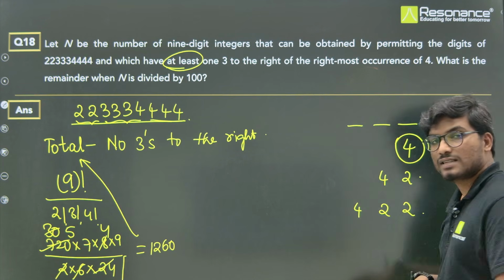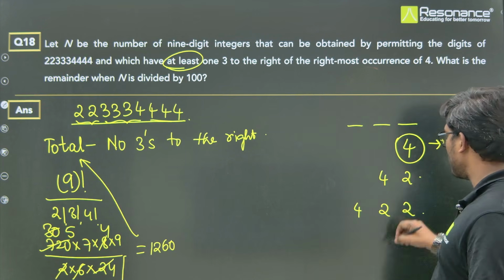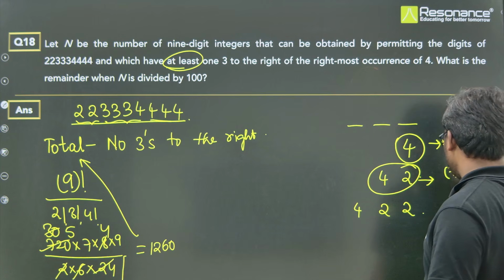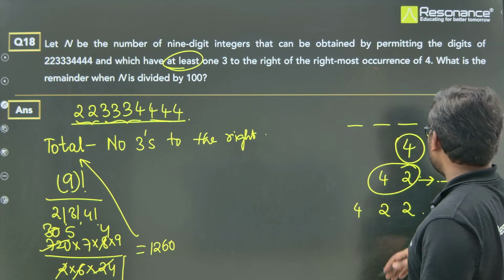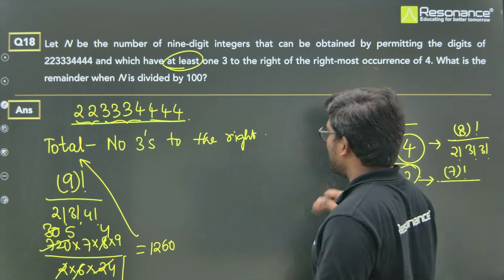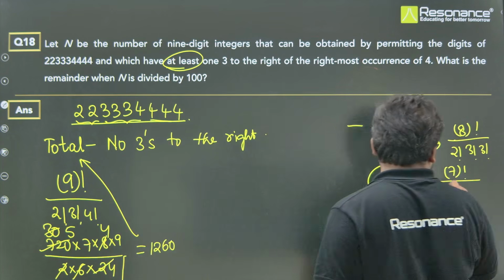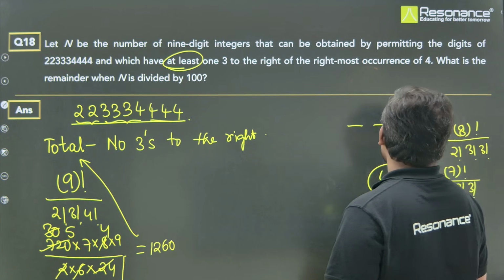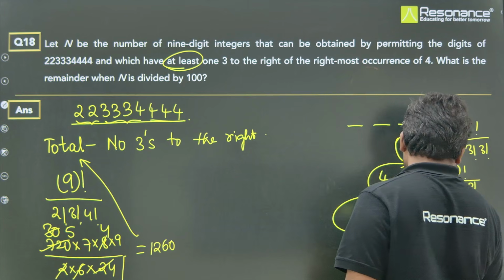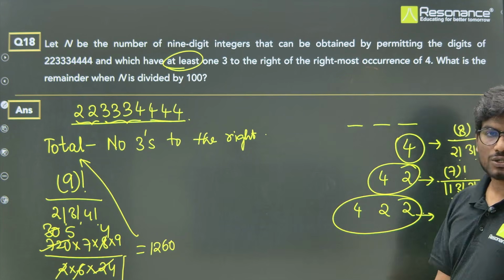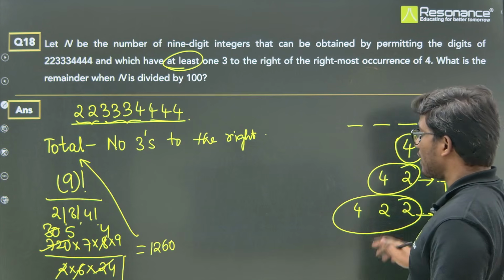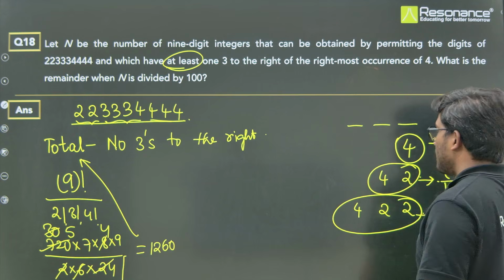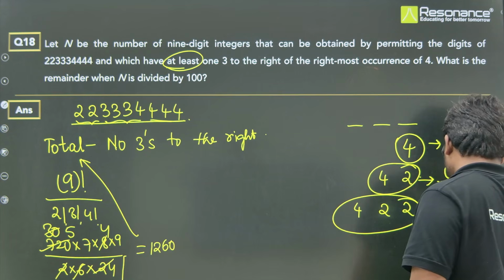In this case, there is 1 4 and there is 1 2, so 7 factorial by 1 factorial into 3 factorial into 3 factorial, since 1 4 is gone and 1 2 is gone. In this case, 2 2's are gone, and 4 is gone, so 6 digits: 6 factorial by 3 factorial into 3 factorial.